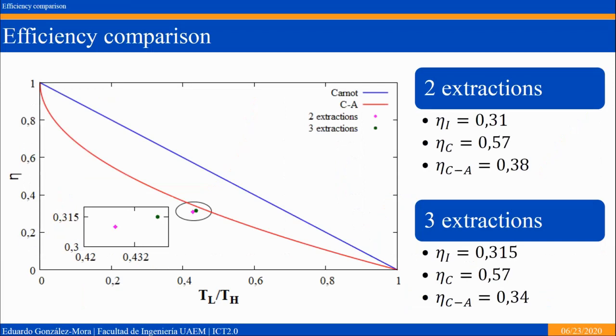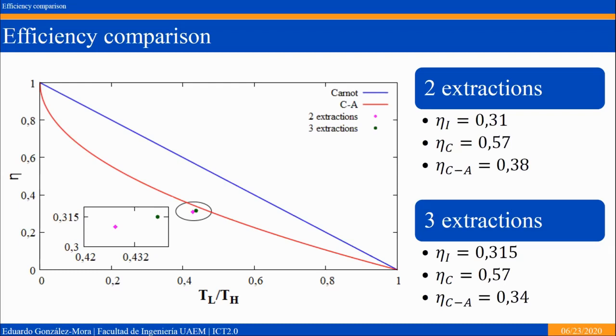Now that we have fully characterized the cycles, we can calculate the efficiency. For the 2 steam extraction, the efficiency is 0.31, the Carnot efficiency is 0.57, and 0.38 for the Curzon-Ahlborn. Similarly, for the 3 steam extraction, the efficiency is 0.315, 0.57 for the Carnot efficiency, and 0.34 for the Curzon-Ahlborn.